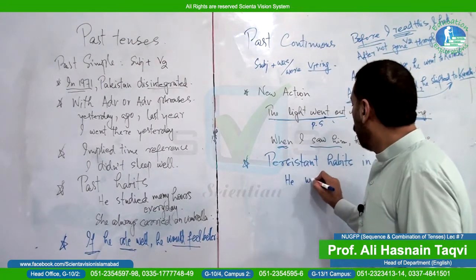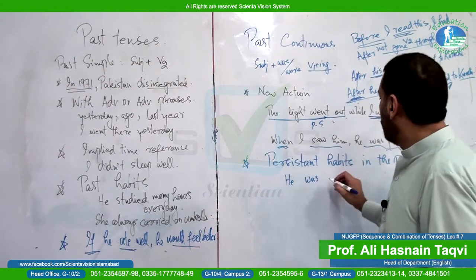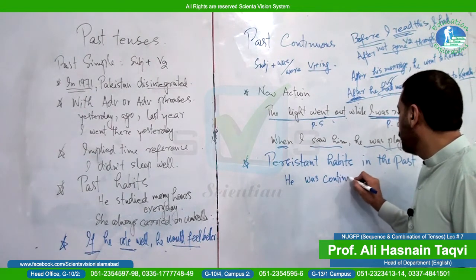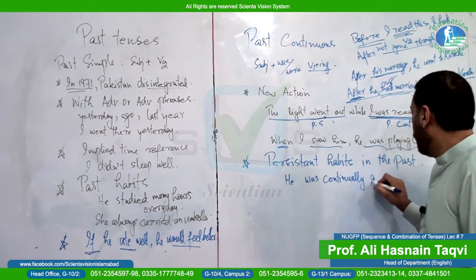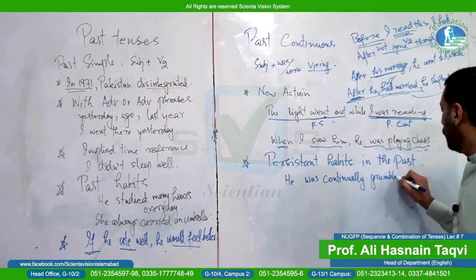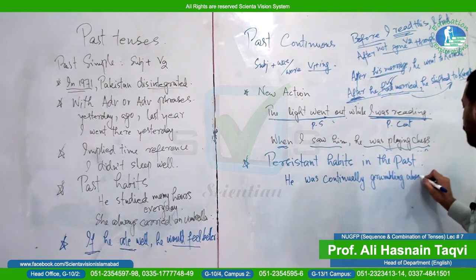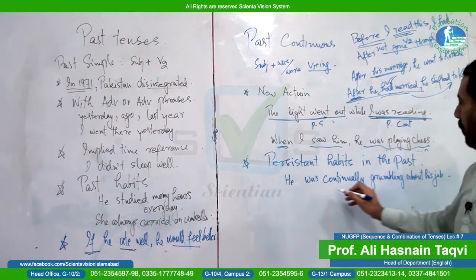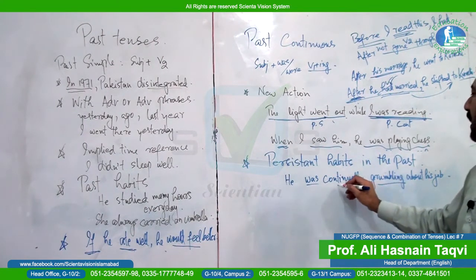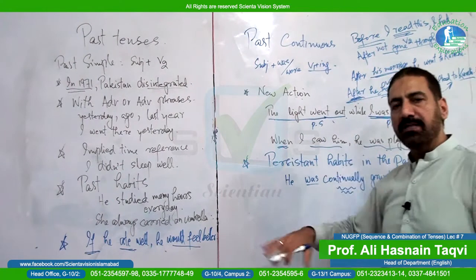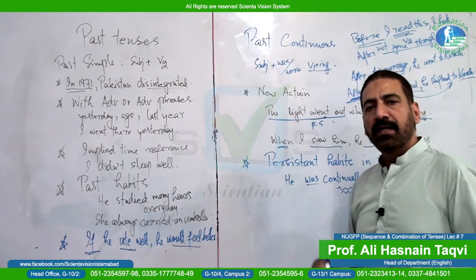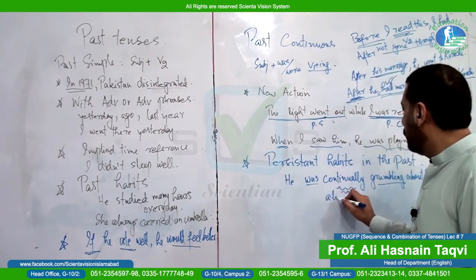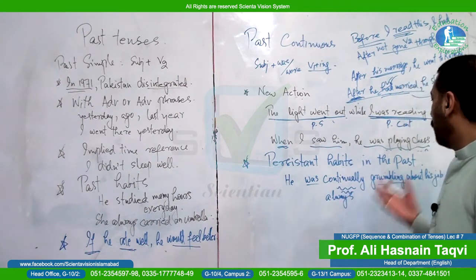He was, see, past continuous, he was continually grumbling about his job. Now, was grumbling, past continuous, and why? Because it is a thing in the past and a habit of a kind which is secondary to his nature, even if there is this always, the tense remains the same. He was always grumbling about his job.